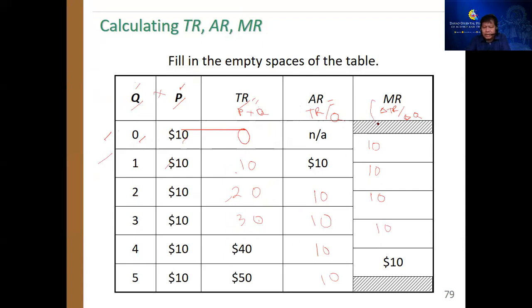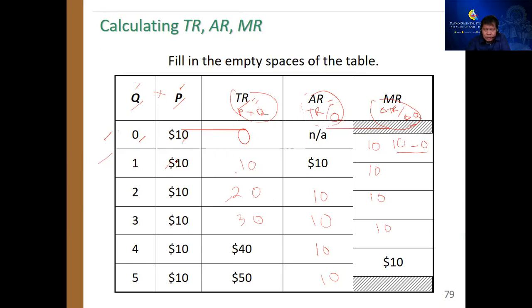So, this is how you compute. Just follow the formula which I have given a while ago. So, let's be clear. The change in total revenue here: the first revenue is 0, the second is 10, so 10 minus the previous 0 equals 10, divided by the change in quantity.